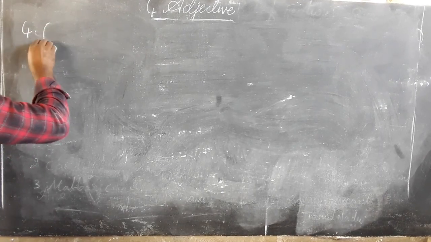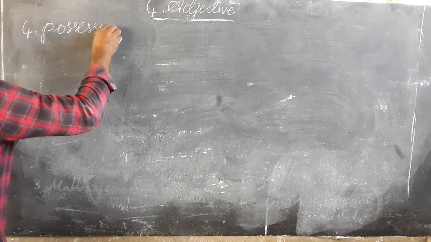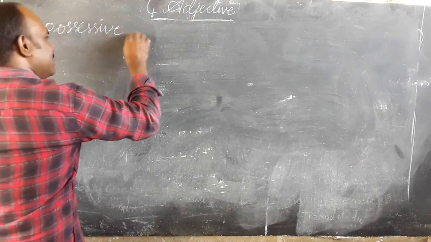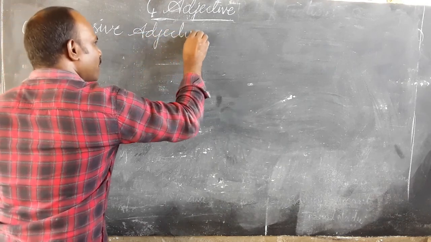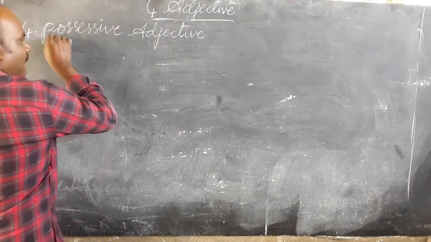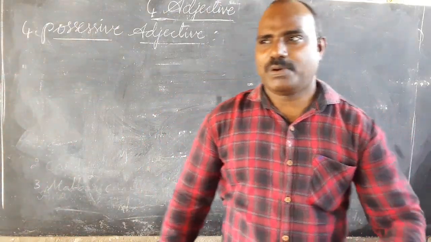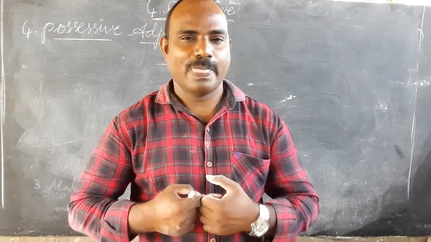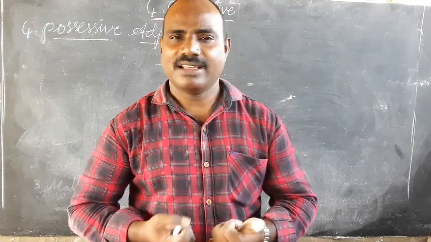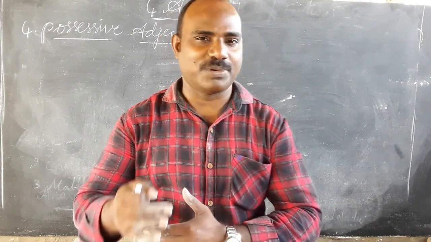Fourth one, possessive adjective. Possessive adjective. Possess means here have. I possess a car. I have a car. Here have is equal to possess.